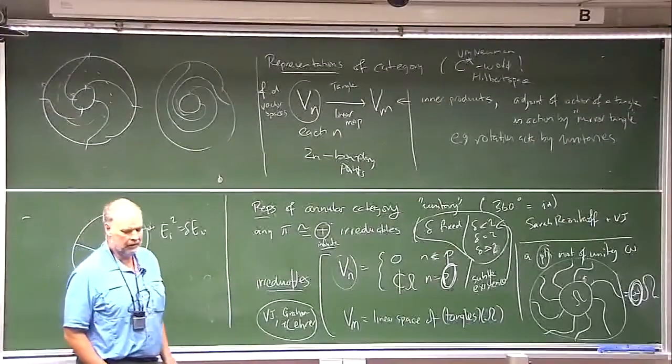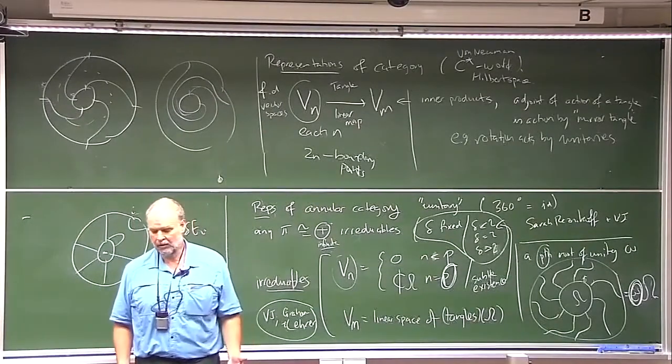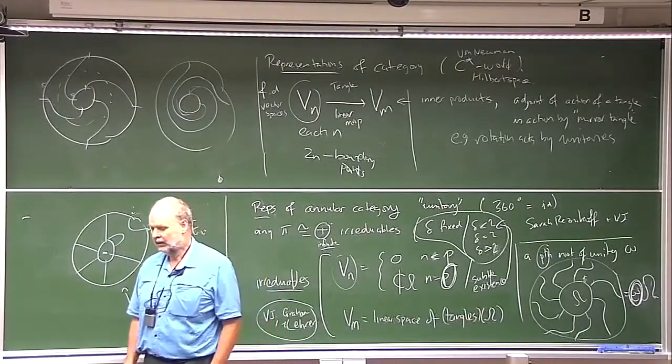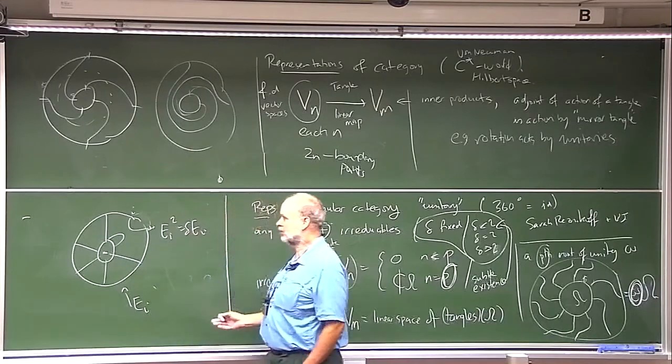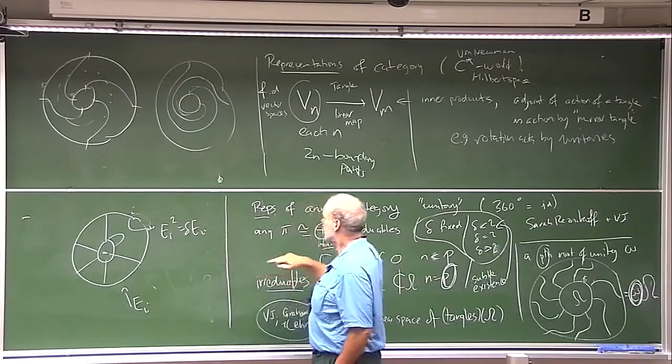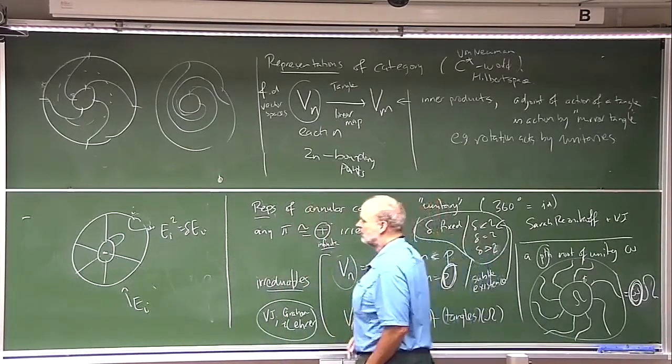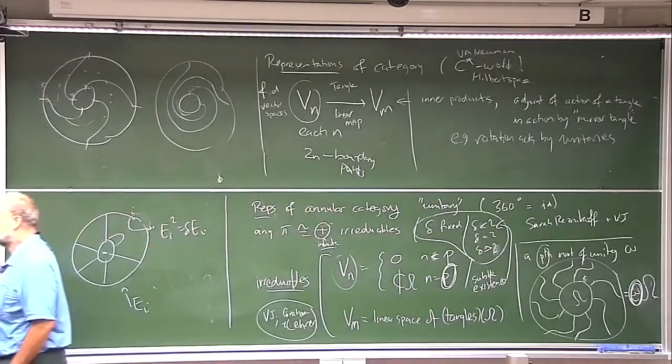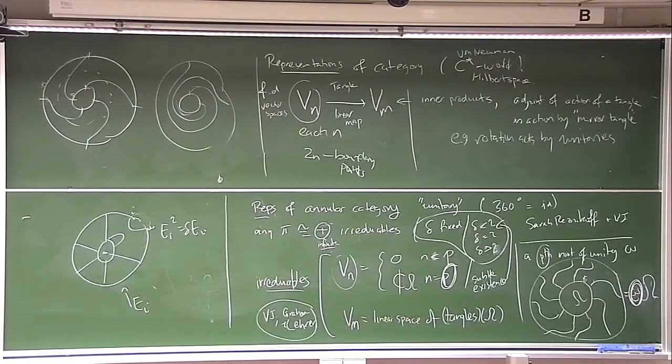But then, at the end of the day, I started telling Kevin Walker about it, and he told me that these annular representations, at least in the rigid case, where you don't insist that the 360 degrees is equal to 1, should be the same as the representation theory of the quantum double. The quantum double is something to do with half braidings, and it's a construction due to Drinfeld. So that was a bit of a shock.